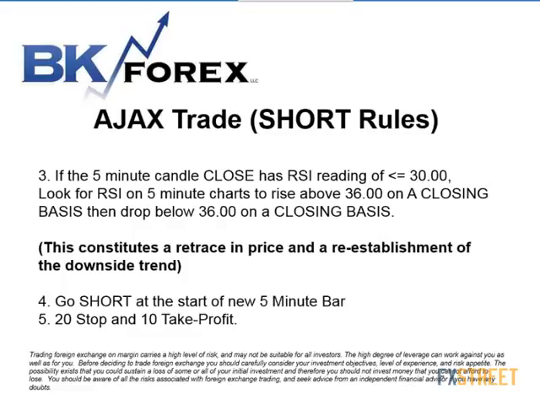This constitutes a retrace in price and a reestablishment of the downtrend. At that point, you go short at the start of the new 5-minute bar with a 20 pip stop on our majors and a 10 pip take profit.